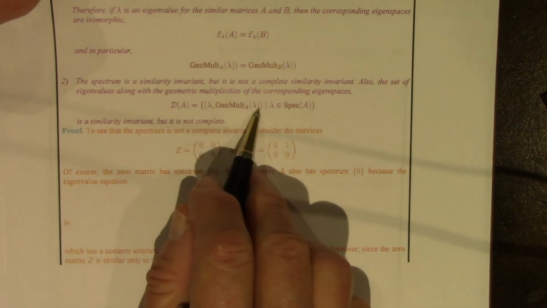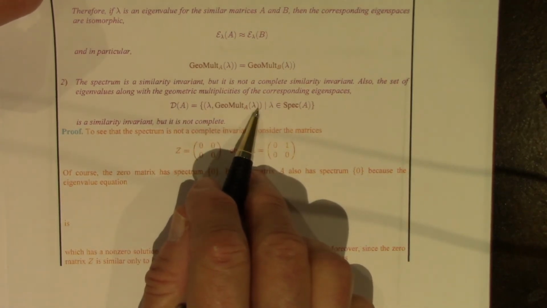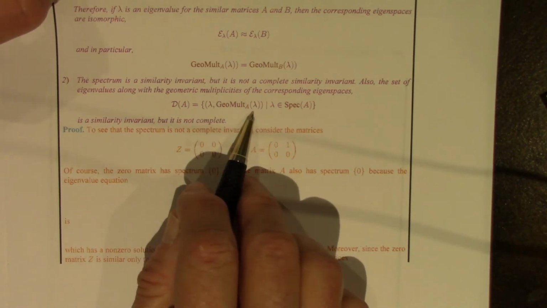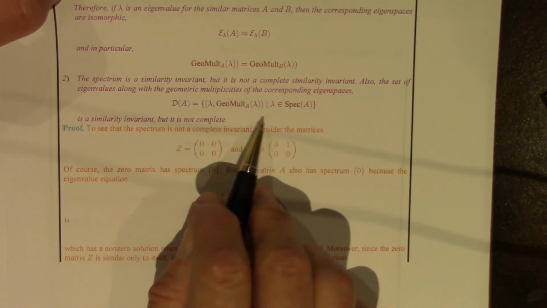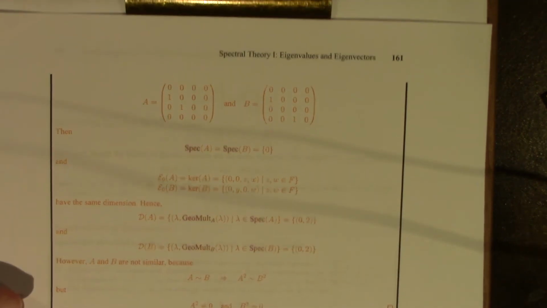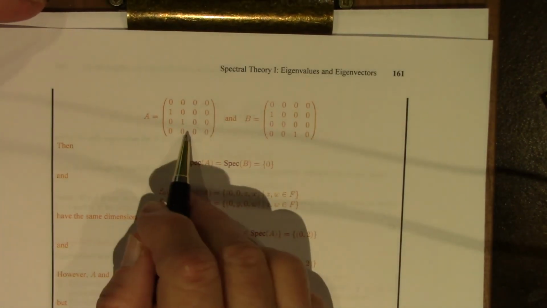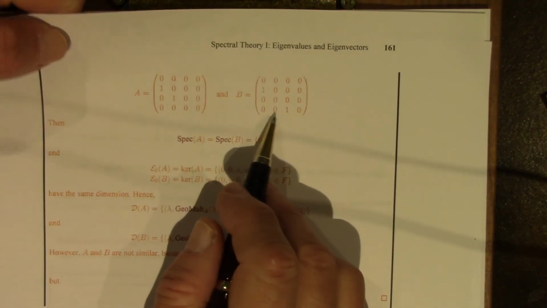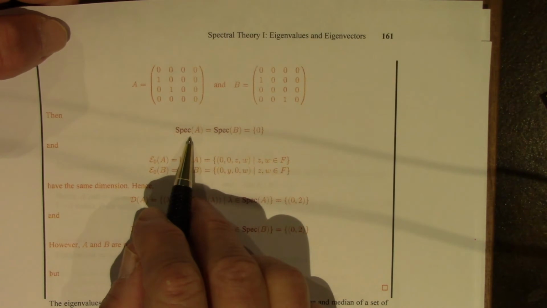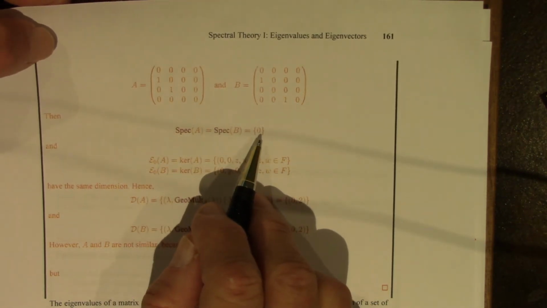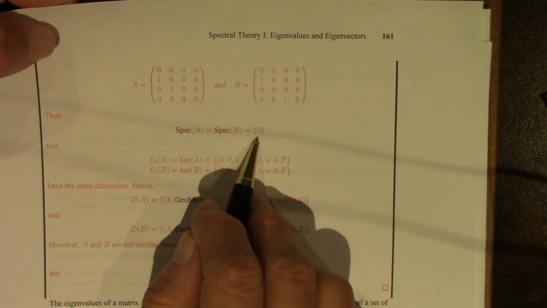As to this collection of data about the matrix, the eigenvalues and the geometric multiplicities, this is also not complete. I'd have to work just a bit harder. Here are two 4 by 4 matrices. The spectrum of each matrix is again the set containing only 0.